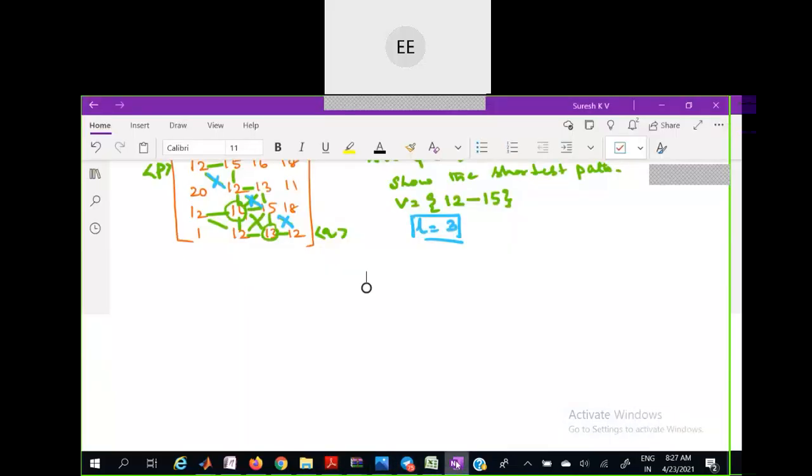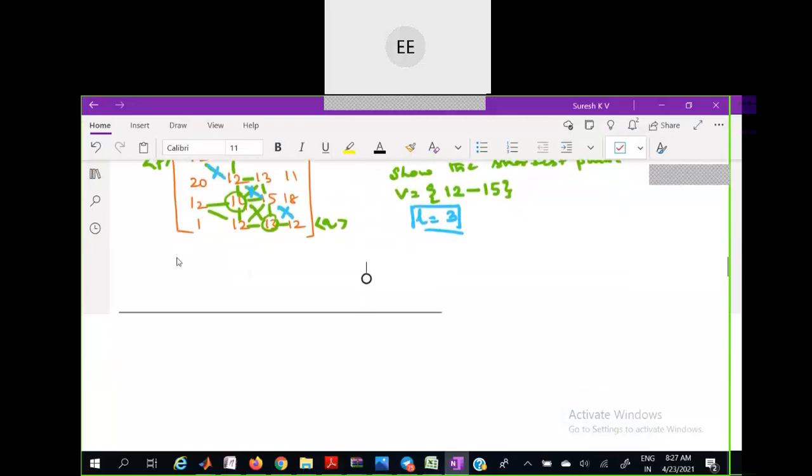Let us just take a problem and solve this. In fact, I'll just take the same problem. I have to rewrite it.